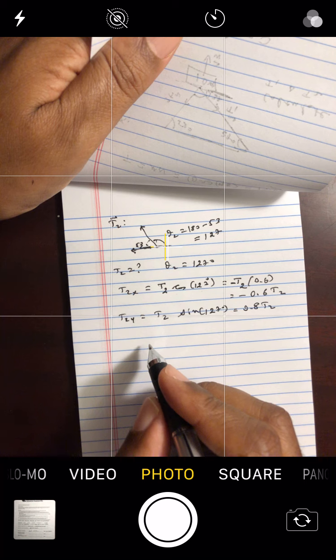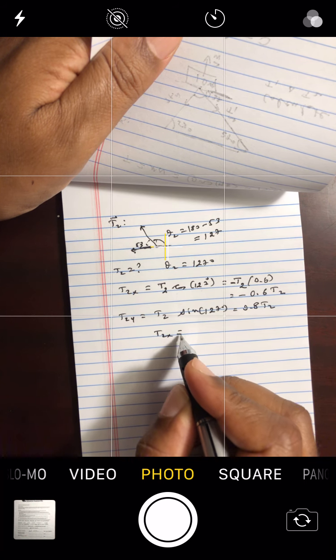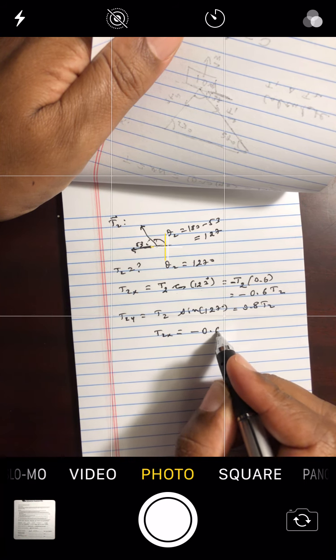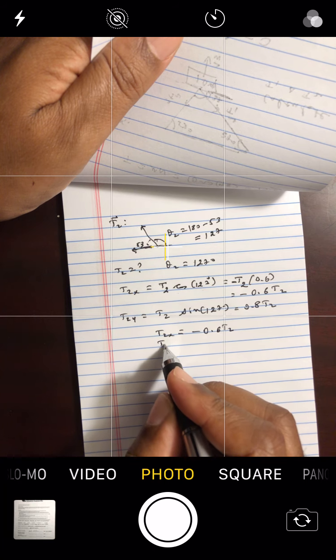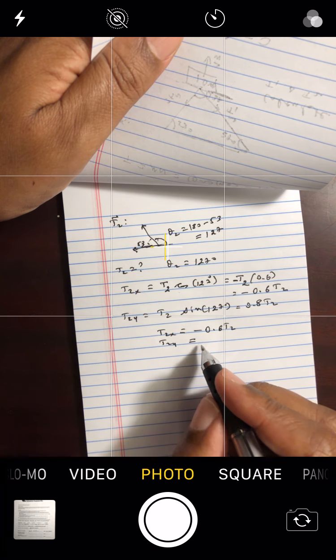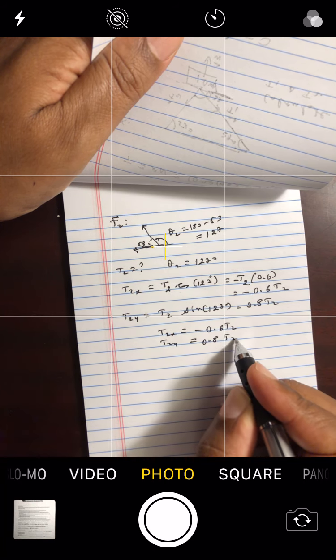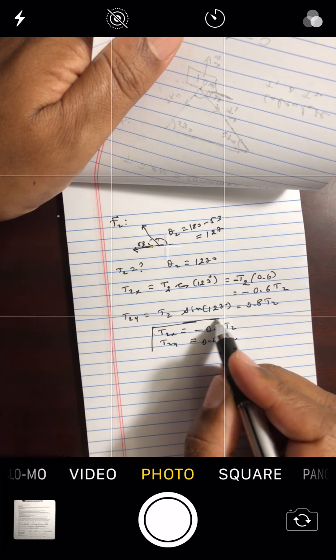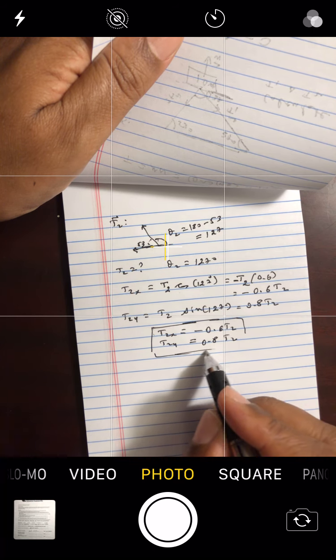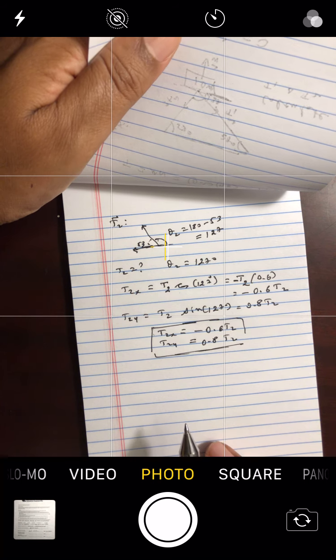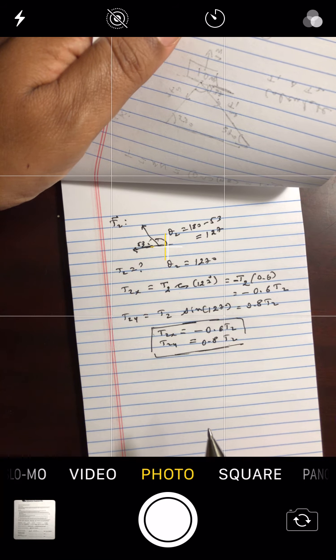So we have the following: T2x equals negative 0.6 T2 and T2y equals 0.8 T2. So we have this for the tensions. We know their directions, but their magnitudes are unknown.